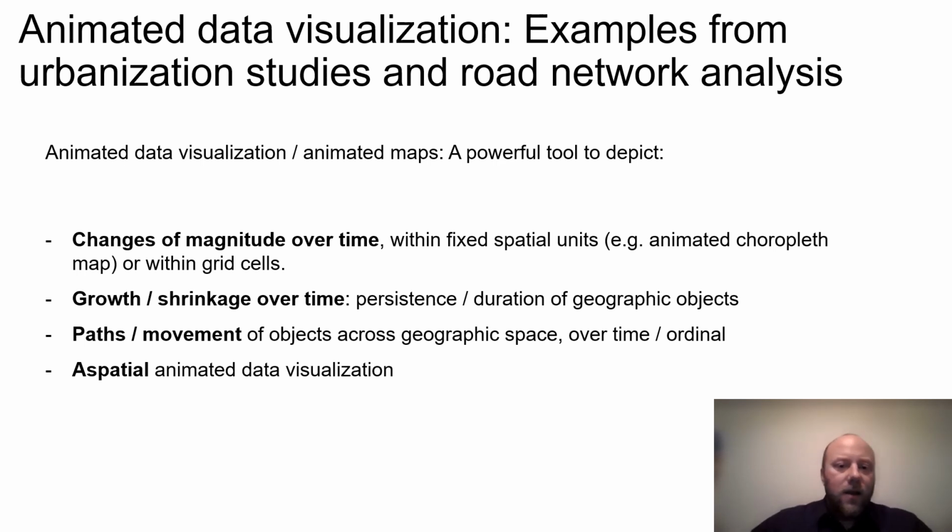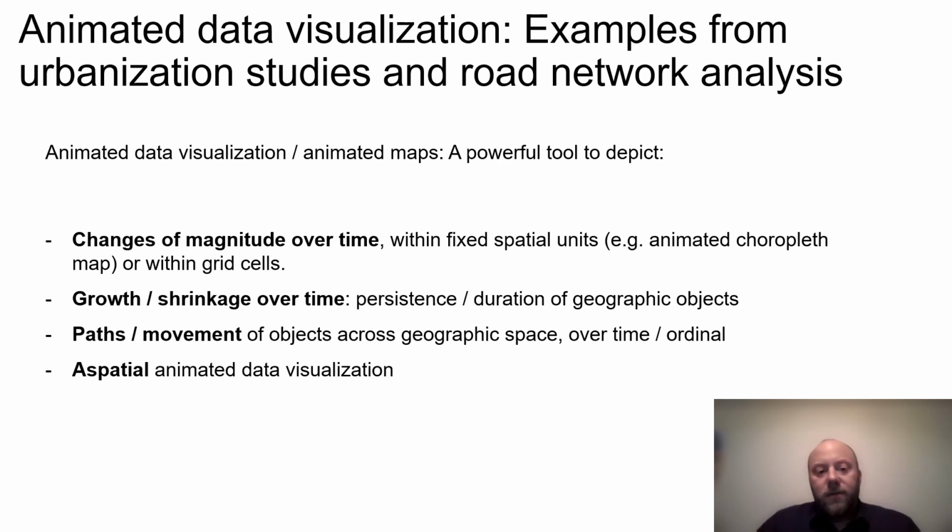Animated visualizations or animated maps can be used basically for 4 cases: to visualize the change of magnitude over time within fixed spatial units, such as animated choropleth maps, or within grid cells. We can also look at growth or shrinkage of a spatial object over time, such as the growth of a city, right? Related to the persistence or the duration of geographic objects.